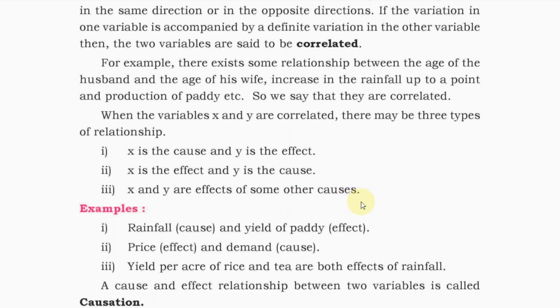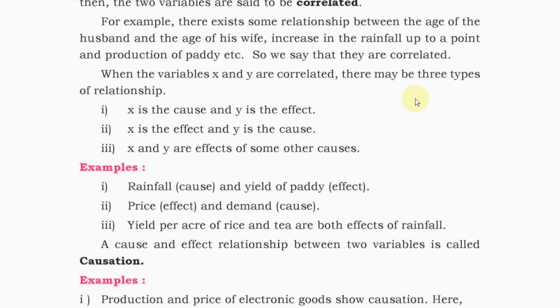So some external factor affects the changes in X and Y. Here X and Y in the data are both effects of some other causes. So these are the three ways in which two variables are correlated.